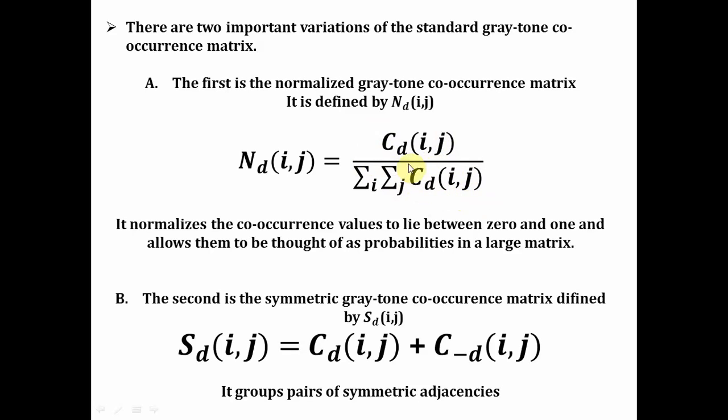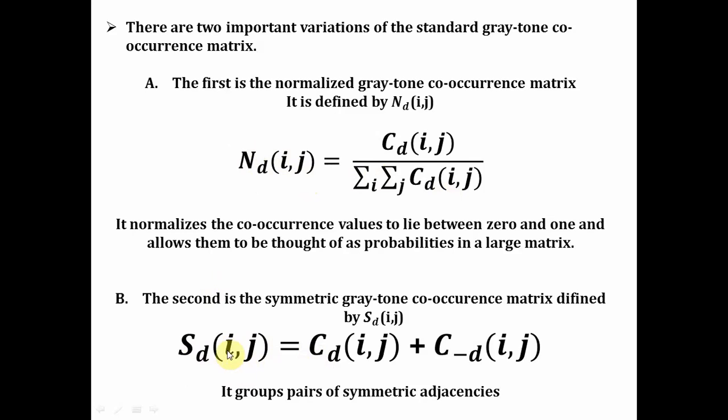Okay, so the summation of pixel values is the total number of pixels, and you divide each input pixel by your total number of pixels, and you will get the normalized version of your co-occurrence matrix. So there are two important variations that you need to follow. First you need to normalize the co-occurrence matrix by this formula, and then you need to calculate the symmetry of the co-occurrence matrix.